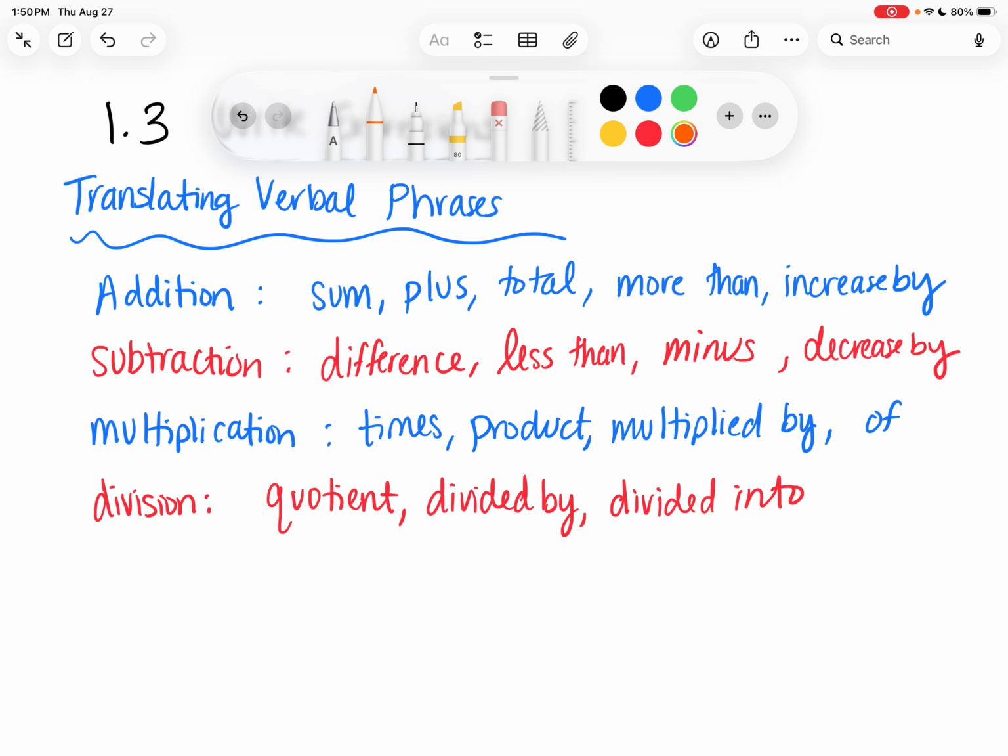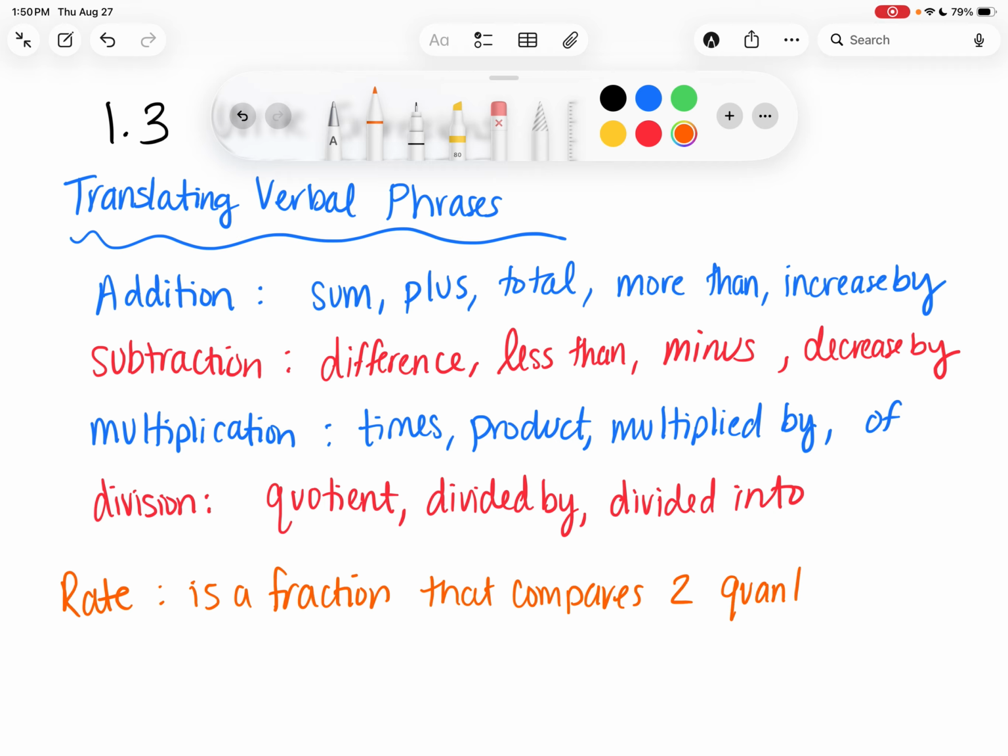And then the other thing that we'll be doing in here are rates. And so a rate is a fraction that compares two quantities measured in different units.